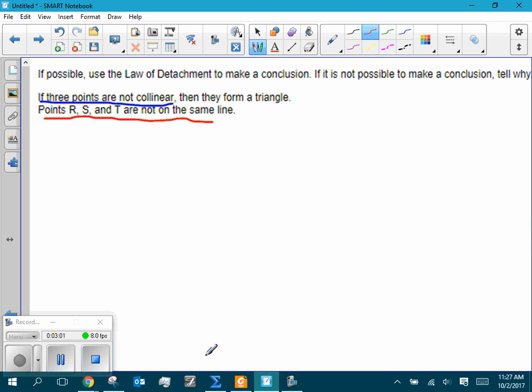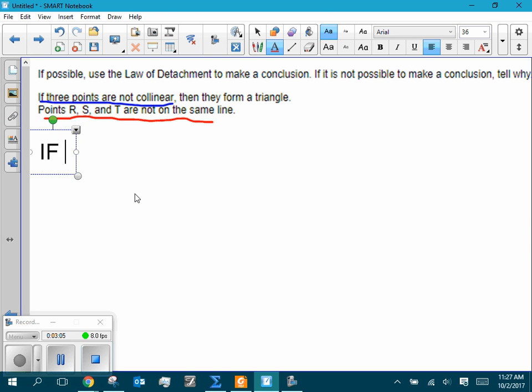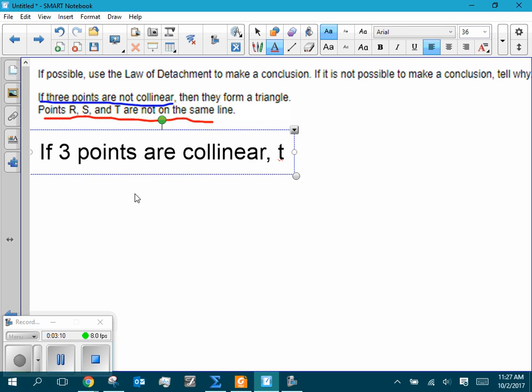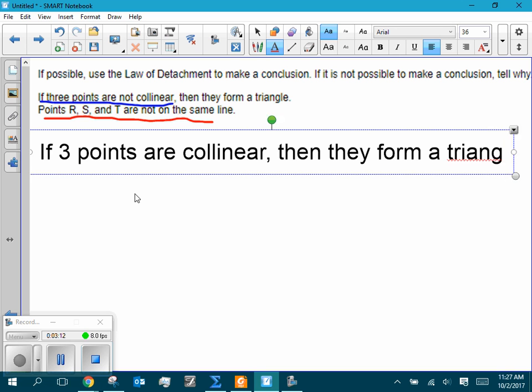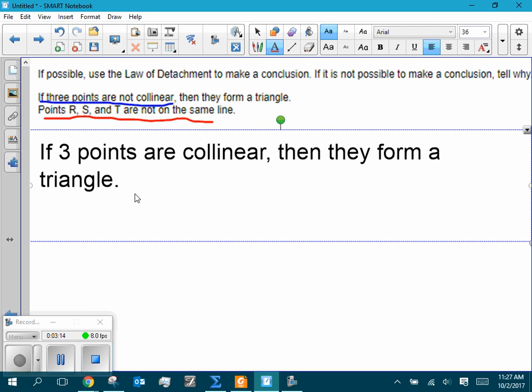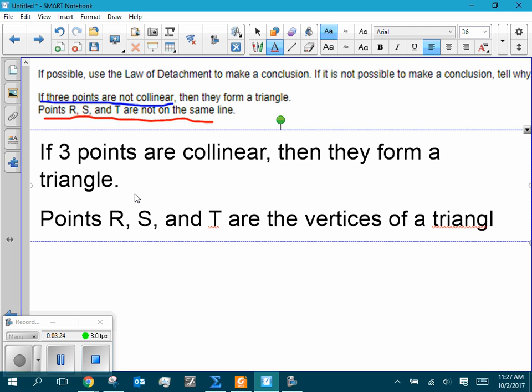What if I had something like this, though? What if I said, we'll just say if 3 points are collinear, then they form a triangle. And I say points R, S, and T are the vertices of a triangle.